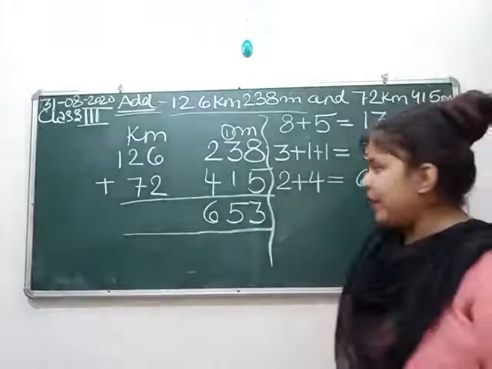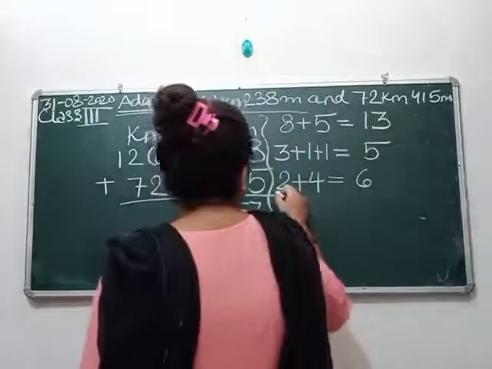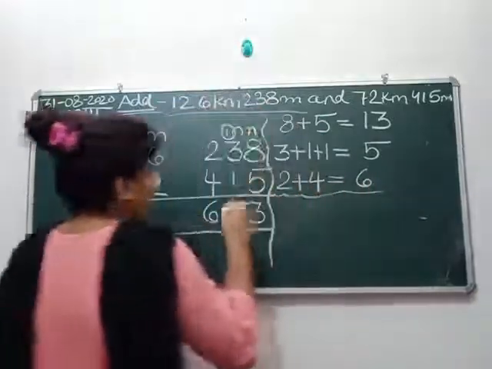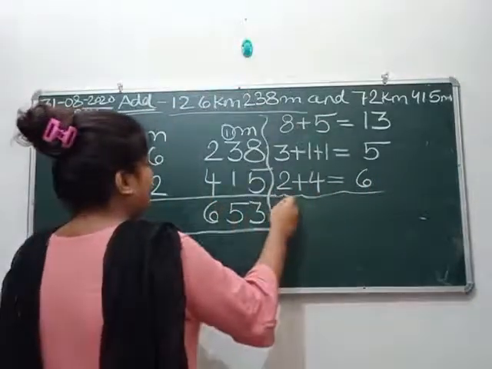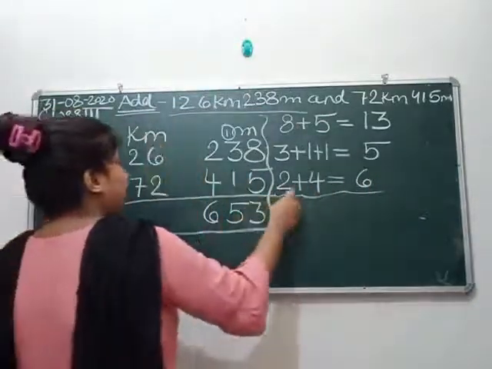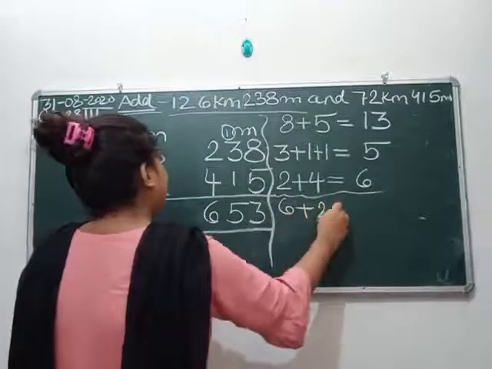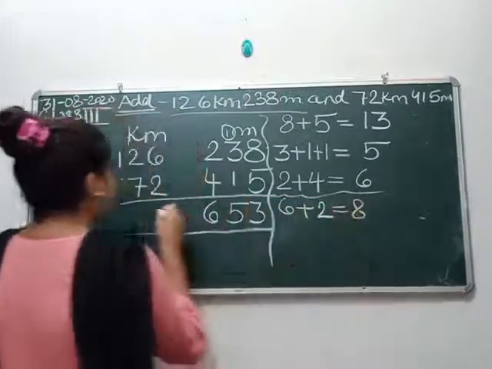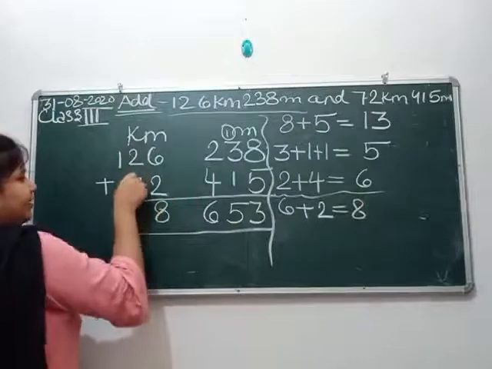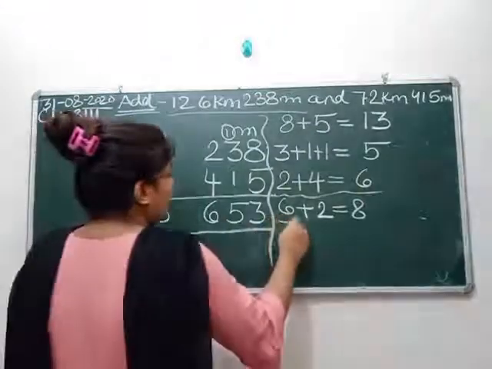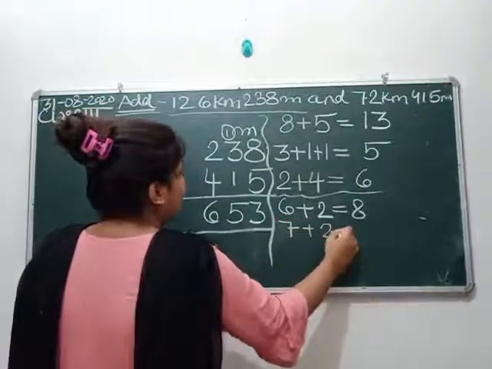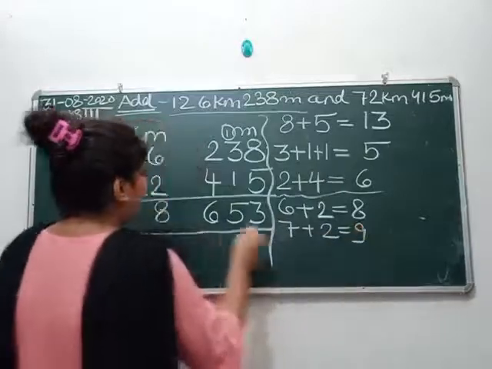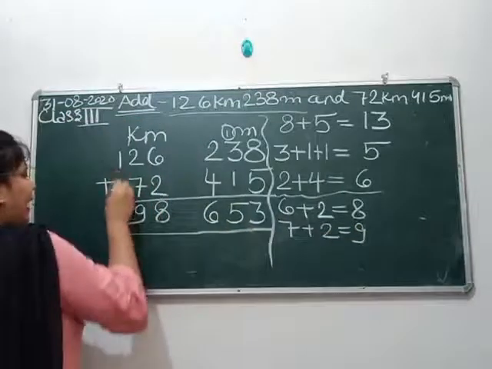Okay, so here at kilometer we are having 6 plus 2, which gives us 8. Now we are having 7 plus 2, which gives 9 and 1.